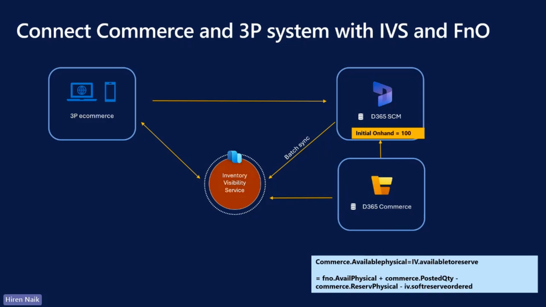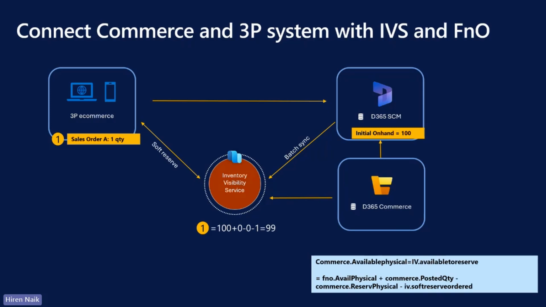This means when your third-party e-commerce are querying IVS, they're querying the available to reserve calculated measure, while Dynamics Commerce is calling the commerce.available physical measure. Since they're the same, both channels will be looking at the same inventory pool. In this picture, you can see the initial on hand of Dynamics SCM shows as 100 quantities.